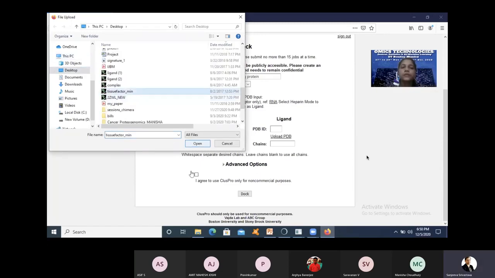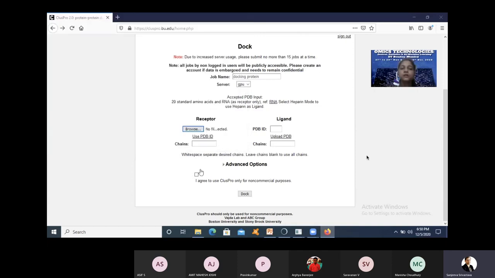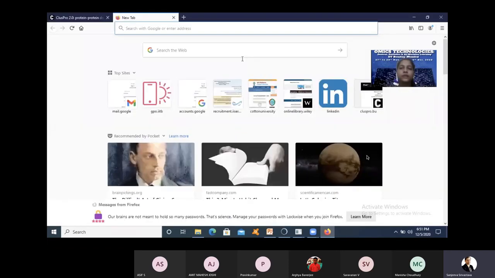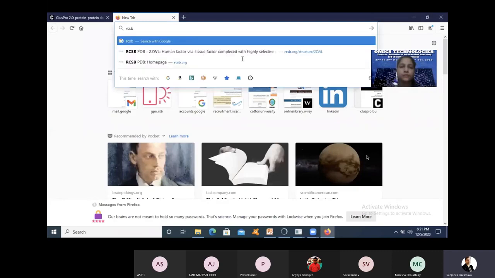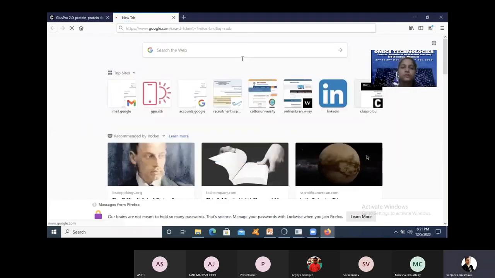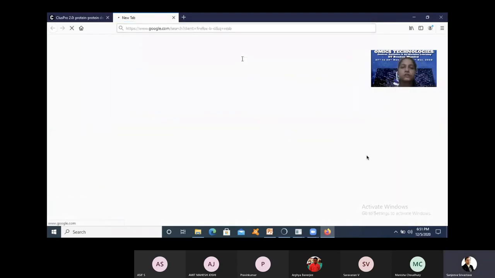You can take the PDBs from RCSB. I'll show you once again from where we can take the PDBs. We can just type in RCSB, which will take us to the Protein Data Bank.